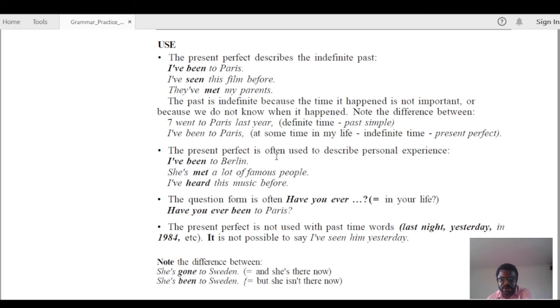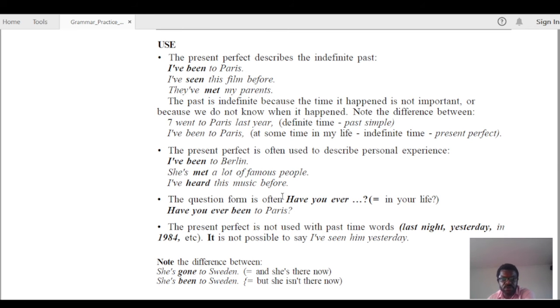Okay, the present perfect is often used to describe personal experience. I've been to Berlin. She's met a lot of famous people. I've heard this music before. The question form is often have you ever, in your life?